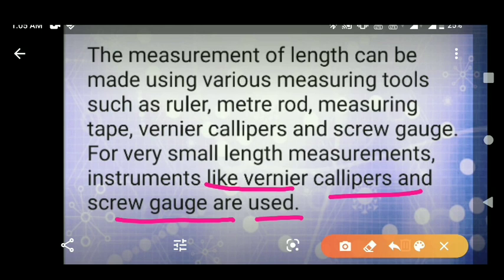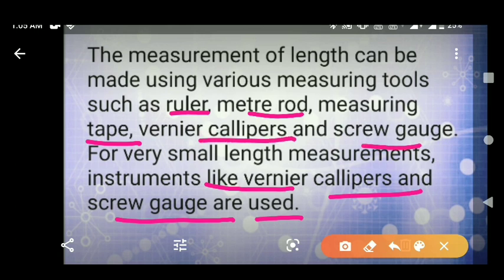These instruments are basically used in industries or in laboratories when we require very small measurements.